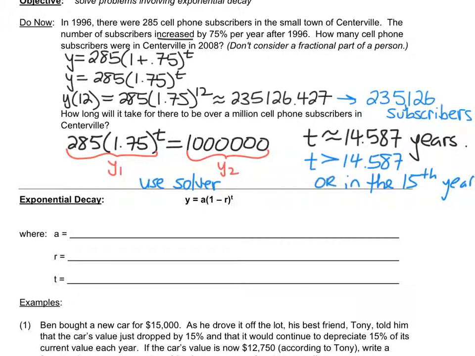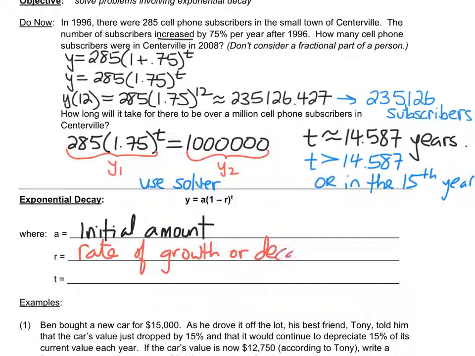So A is the initial amount. R is the rate of, well, it could be growth or decay. And T is time, in years or anything.